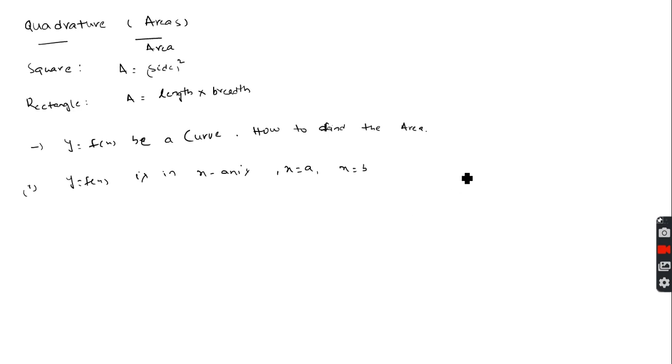That means if I write that, this is the x axis and this is the y axis. If there is a function y is equal to f of x, so this is the starting point, that is the x ordinate x equal to a, and this is x equal to b.